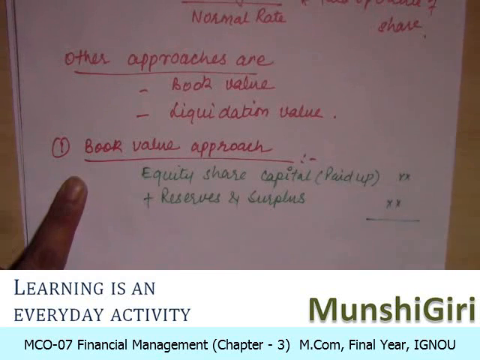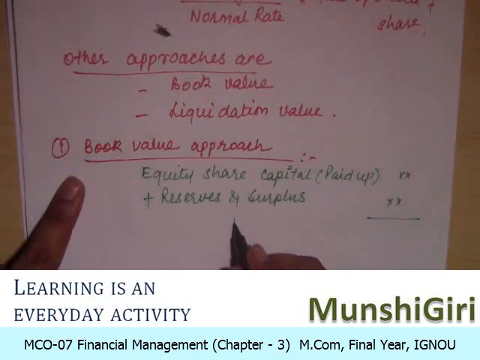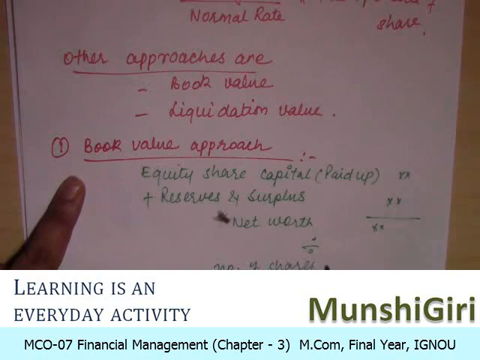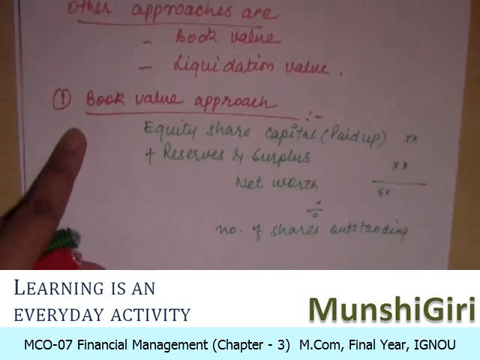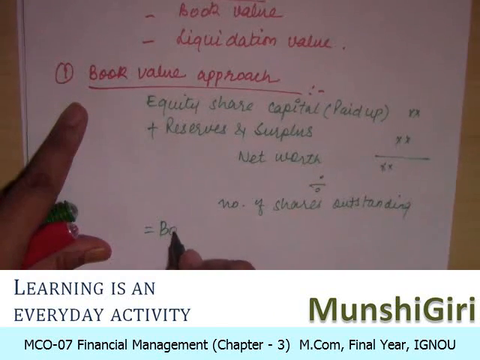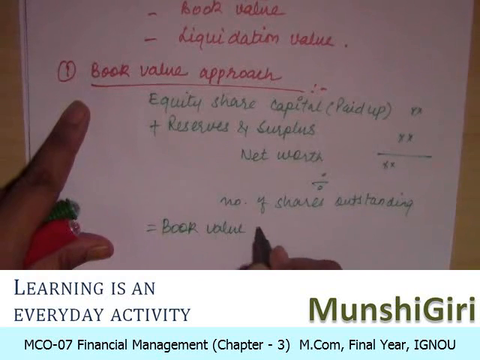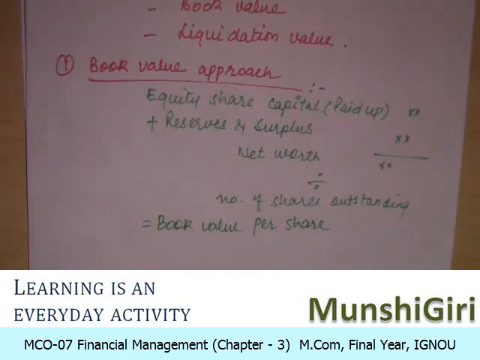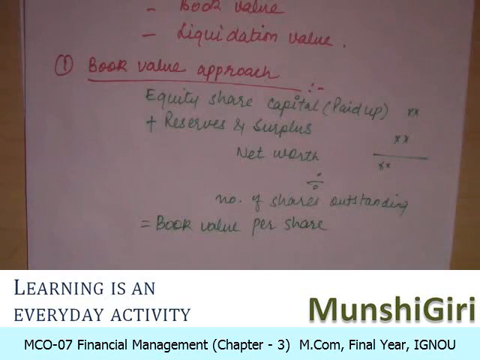So adding the reserves and surplus to the paid up equity share capital gives us the net worth. Now when you divide this net worth by the number of shares outstanding, this gives you book value per share. So this was the book value approach of valuing an equity share.